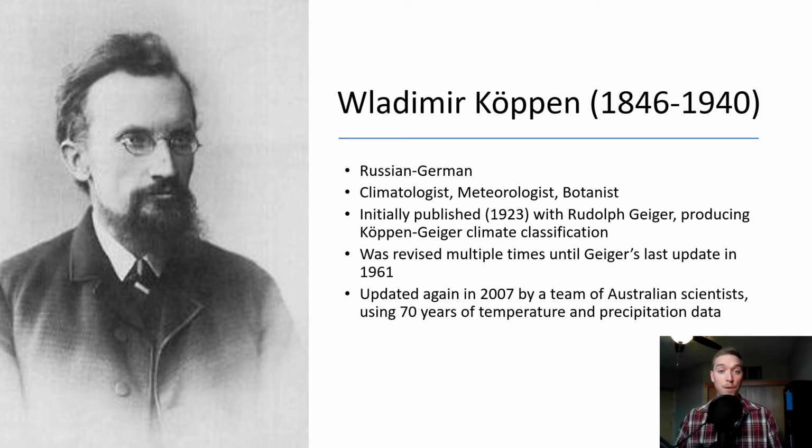Geiger then continued to revise this until the 1960s, and then it was updated again in a much more rigorous manner by a team of Australian scientists in 2007 who used 70 years of temperature and precipitation data to refine and improve the Köppen-Geiger system.